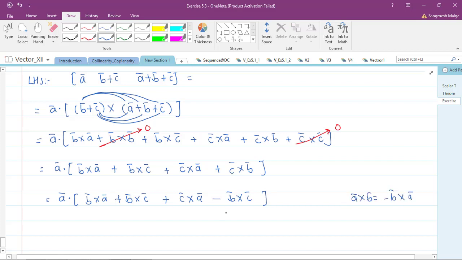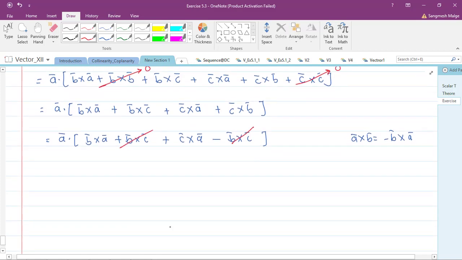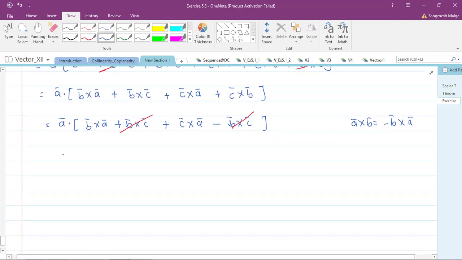You are changing the direction to negative. Okay, so now you can easily subtract these two, this cancels, this cancels. So what is remaining then? The remaining part is a bar dot b bar cross a bar plus c bar cross a bar.